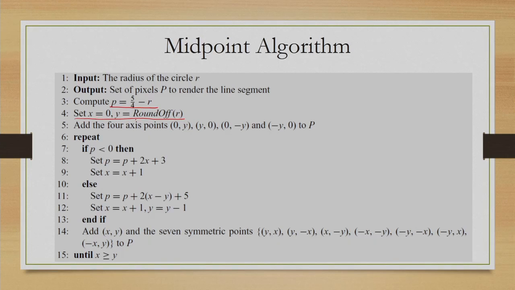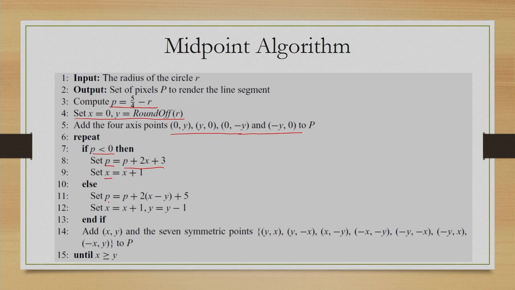Now, once we have chosen one point, then using symmetry we can add 4 other points or pixels. When the decision parameter is less than 0, we update the parameter in this way and get the pixel to add to the set of pixels.